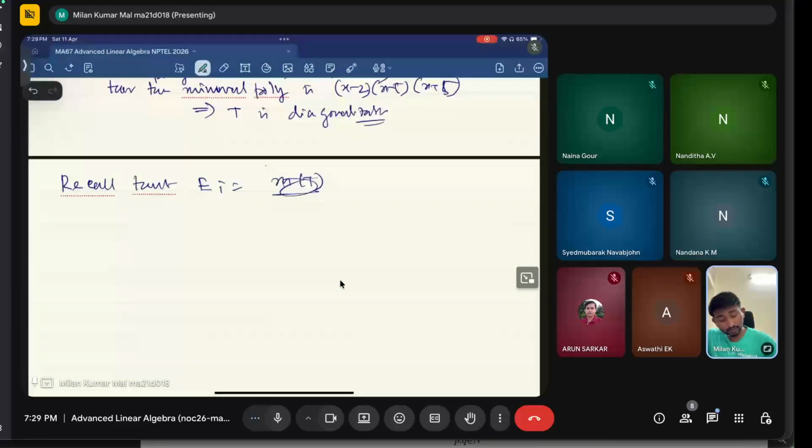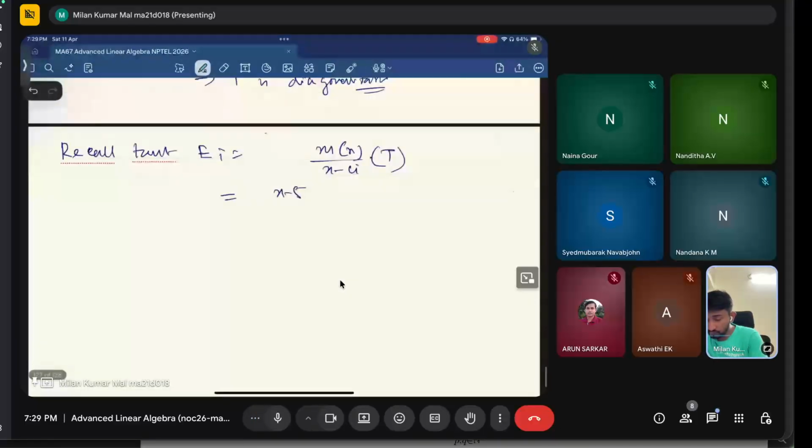That means it is actually x minus 5, for example, if I consider the eigenvalue i equals 2. The eigenvalues are 2 and 5.